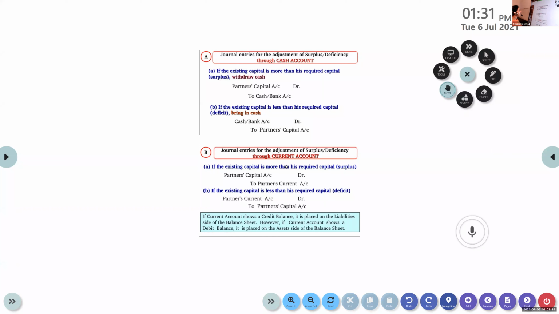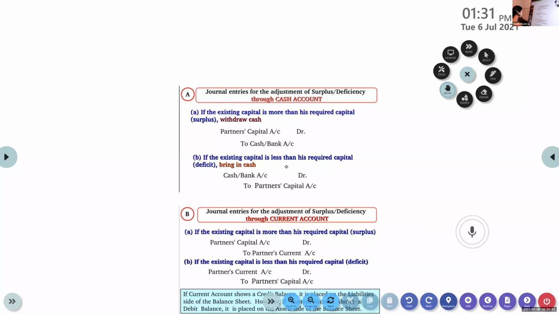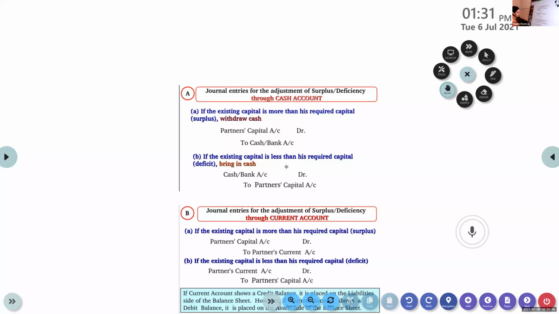If the existing capital is more than his required capital, then that is withdrawn by the partners. Partners capital account debit to cash. That is withdrawn in their old ratio.